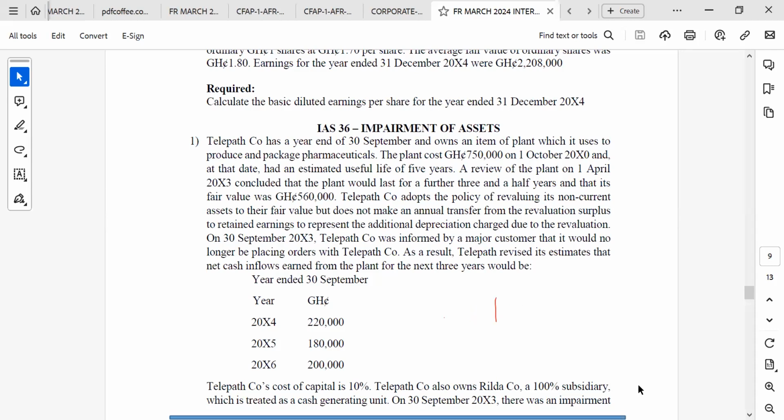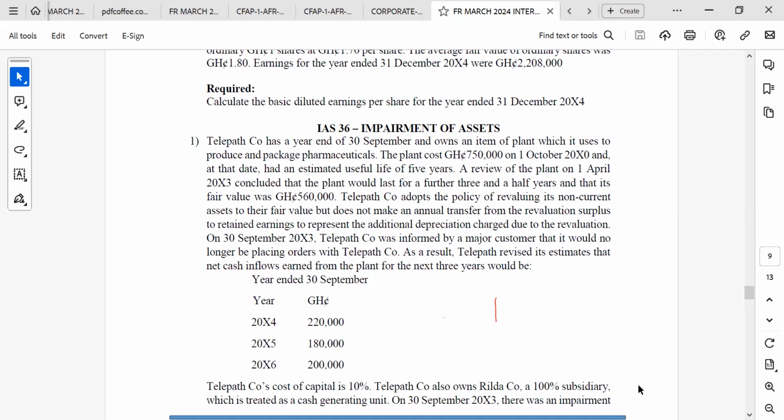The further means that, from this date now, the asset has 3.5 years to last before it is scrapped. That is the remaining useful life now. So we now have 3.5 years as the remaining useful life. Okay.